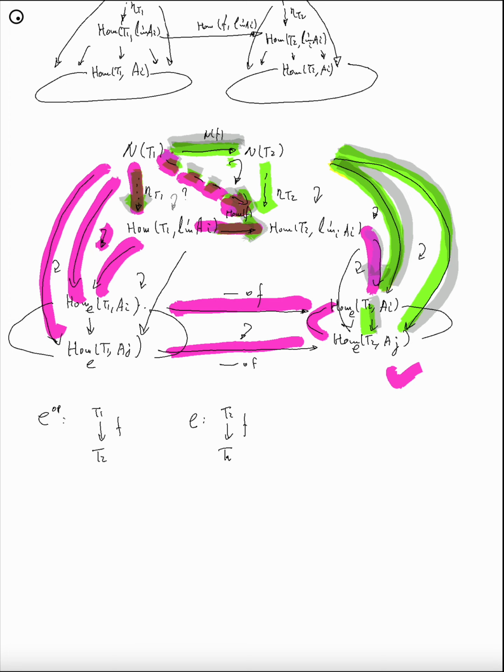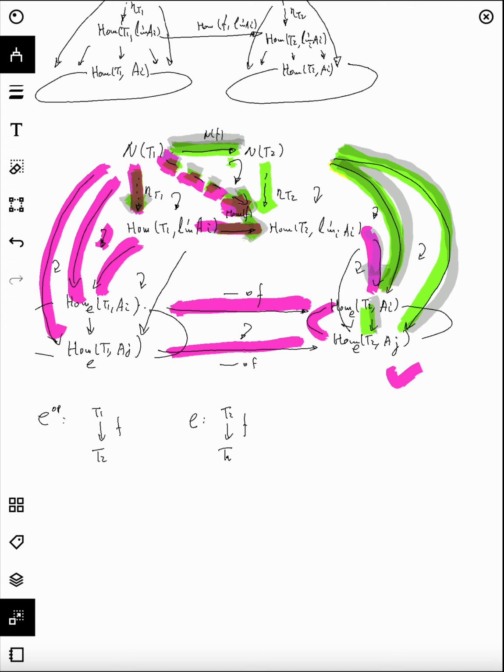But it seems it's finished, but actually not yet, because the red bar here and the green bar here, why should they be the same? Because I'm making different diagrams commute.